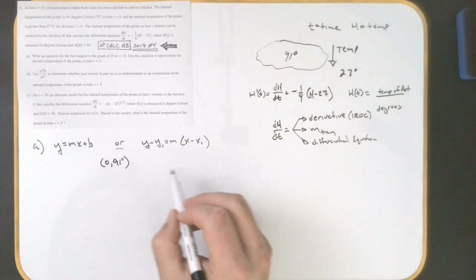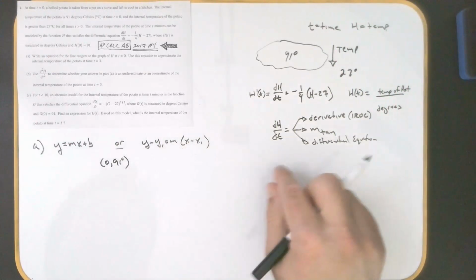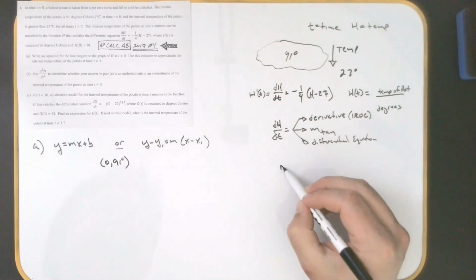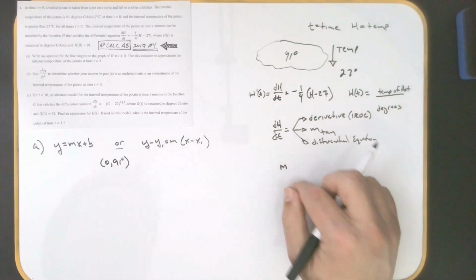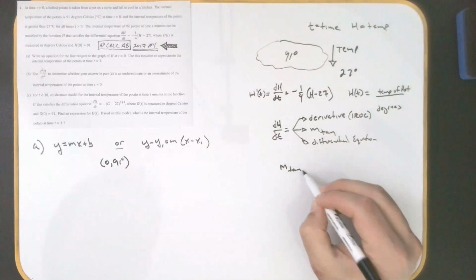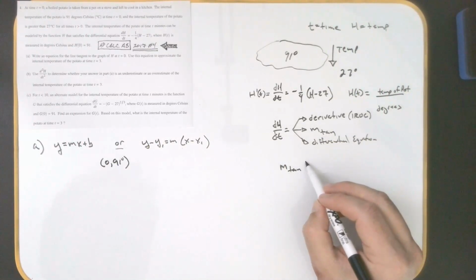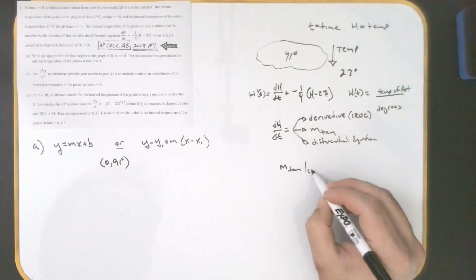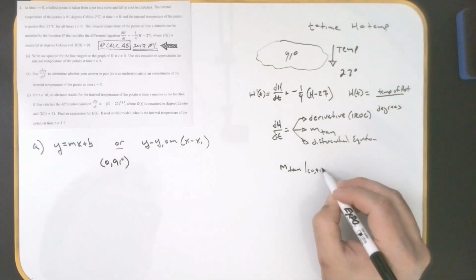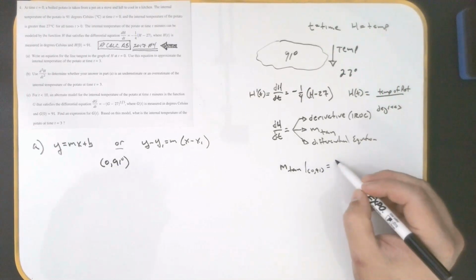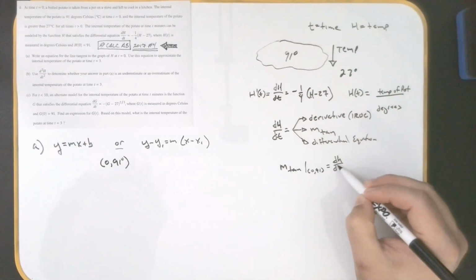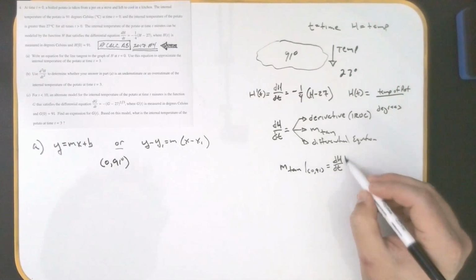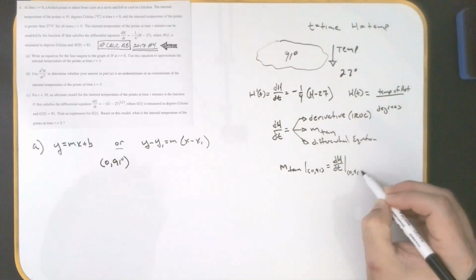I'm going to do my work over here. I'm going to say my slope of my tangent at (0, 91), and that vertical line is notation they use sometimes, is equal to dh/dt, with a capital H, evaluated at (0, 91).